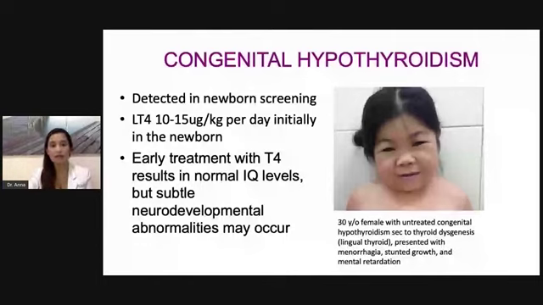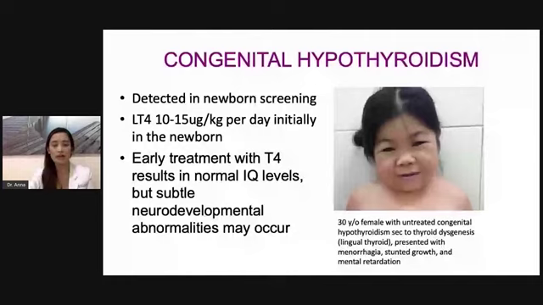Fortunately now, congenital hypothyroidism can be detected in newborn screening. So we can detect hypothyroidism early on so that we can start replacing patients with thyroid hormone early on, so that the patient will have a lower risk of developing mental and growth retardation.